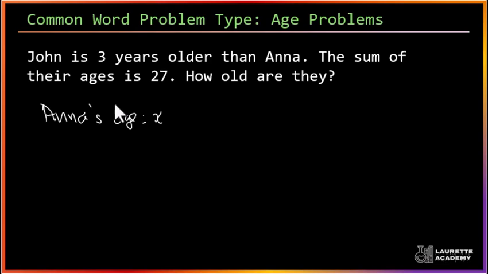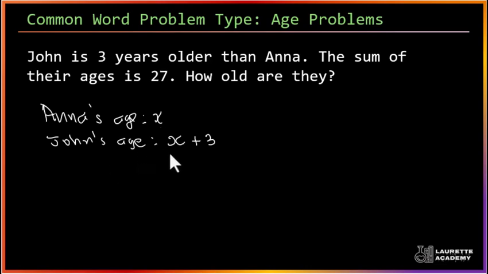Since John is 3 years older than Anna, John's age can be represented as x plus 3. So John's age is x plus 3.